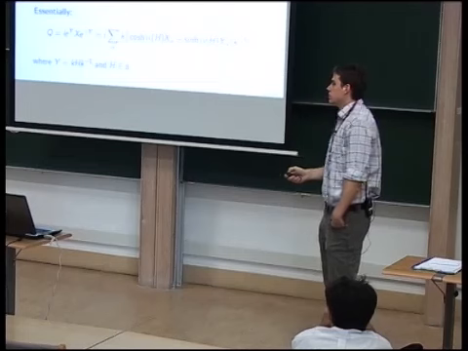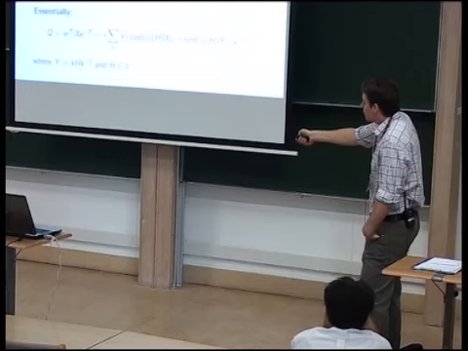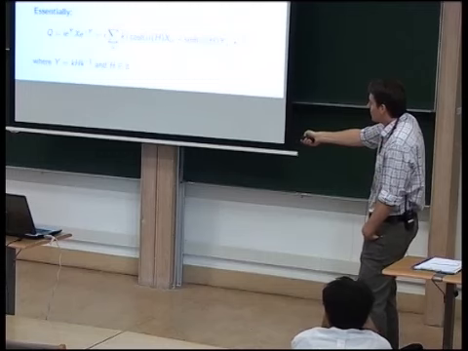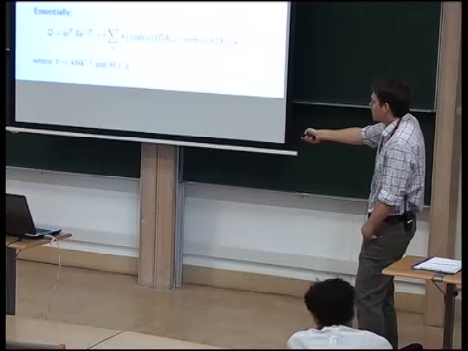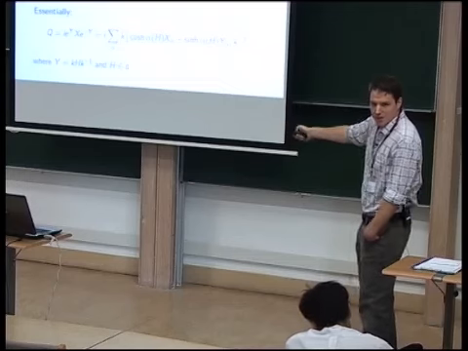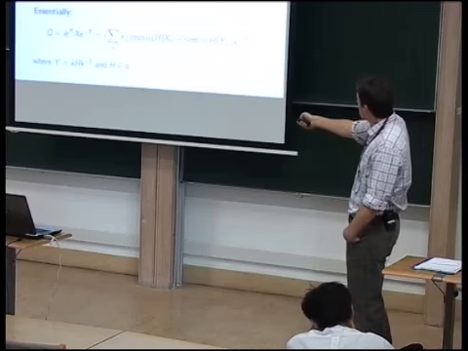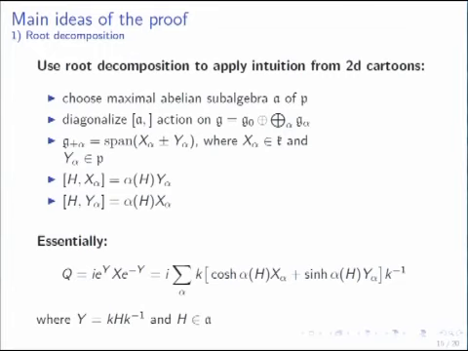Now, each Y alpha in P can be diagonalized into this abelian subalgebra using the corresponding compact group which corresponds to the K part of the Lie algebra. Then we can insert all this into this parametrization and, after a few lines of computation, end up with something where we can concentrate on one eigenspace.